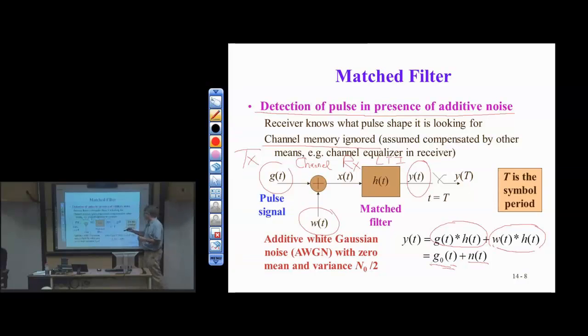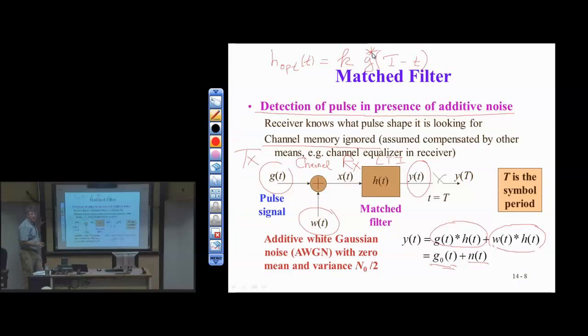The derivation is long. The derivation gets us to this answer, h(t). So the best value of h(t) that we can have is some gain k times the pulse shape, symbol time minus continuous time, and conjugated.